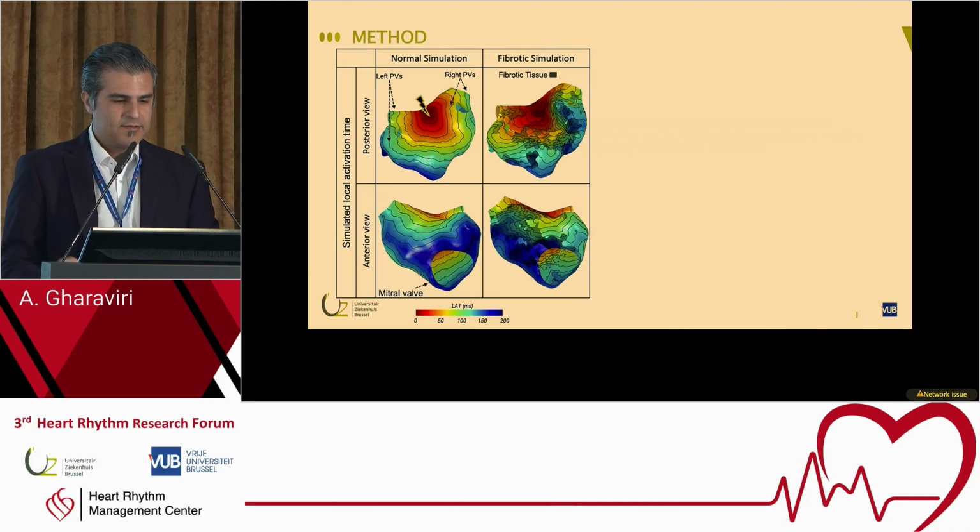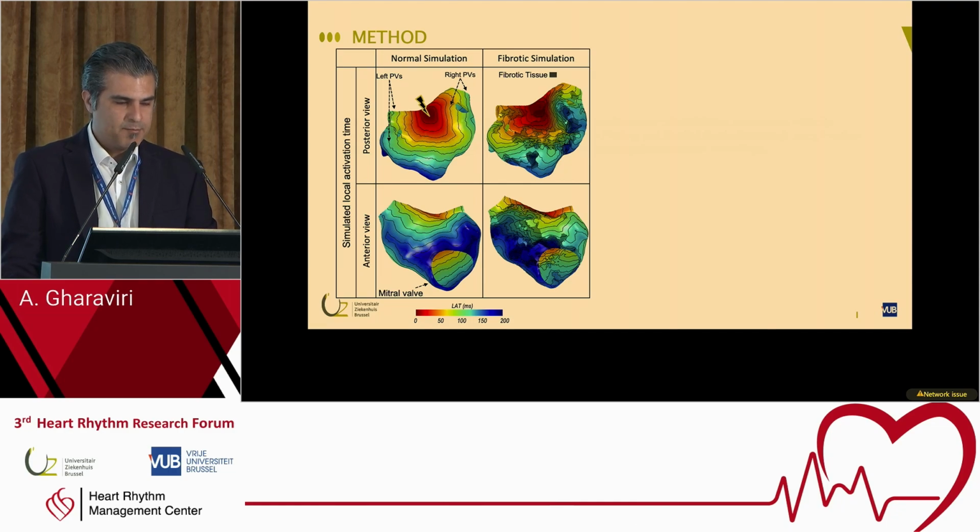So what we did is that we took the left atrium of a patient with atrial fibrillation. We did the segmentation and created a mesh from that. Having that, with a known conduction velocity, we reconstructed the local activation time in silico.